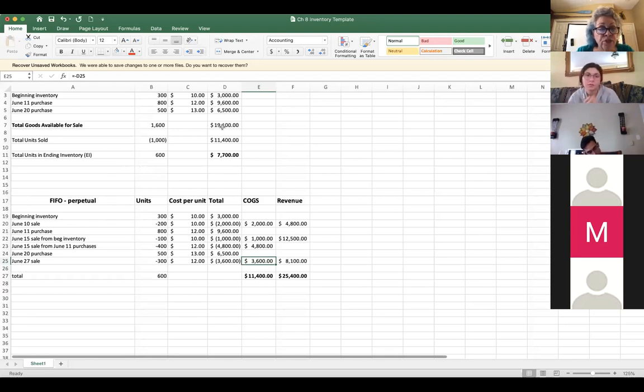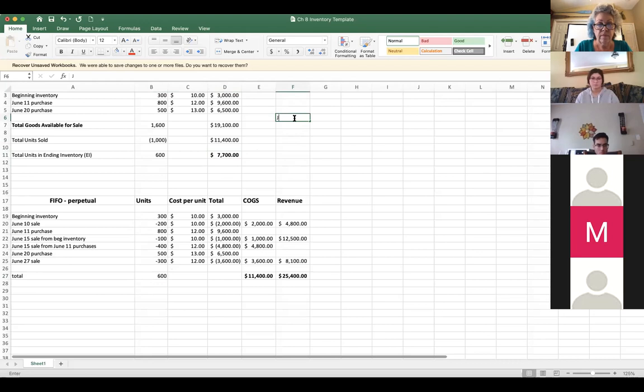Now, I know because of the mathematical association that goods available minus cost of goods sold equals ending inventory, I get 7,700. But let's see if we can prove that number. My ending inventory was 600 units. And that 600 units made up of what layers, which purchases?